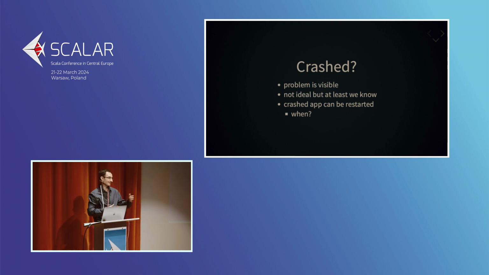You're running it, and then there is some fatal error or exception, and the main thread is down, and it's crashed. Then at least the problem is visible. It's not ideal, but at least we know. And if something crashed, it can be automatically restarted by some restart policy. It's usually called like this.